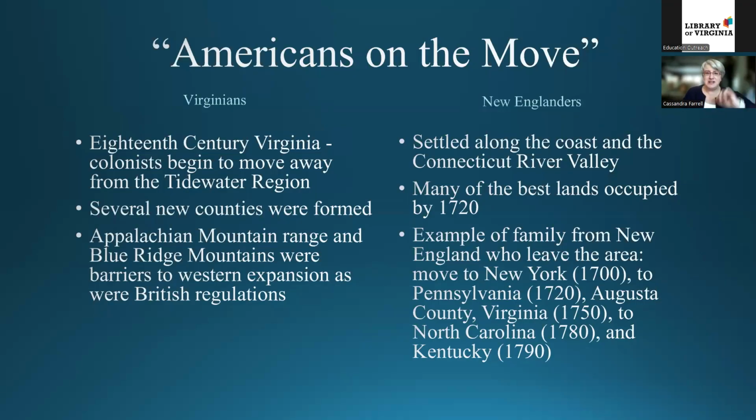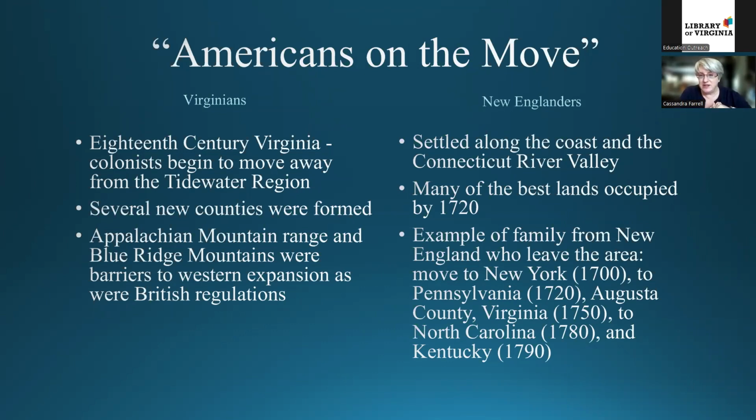Now, as Americans move in the 18th century, Virginians start to move away from the Tidewater area. I'm assuming that a lot of you participating today are Virginians, and you know exactly where the Tidewater region is. It's along the coast, and it's dominated by the James, York, Rappahannock, and Potomac rivers.